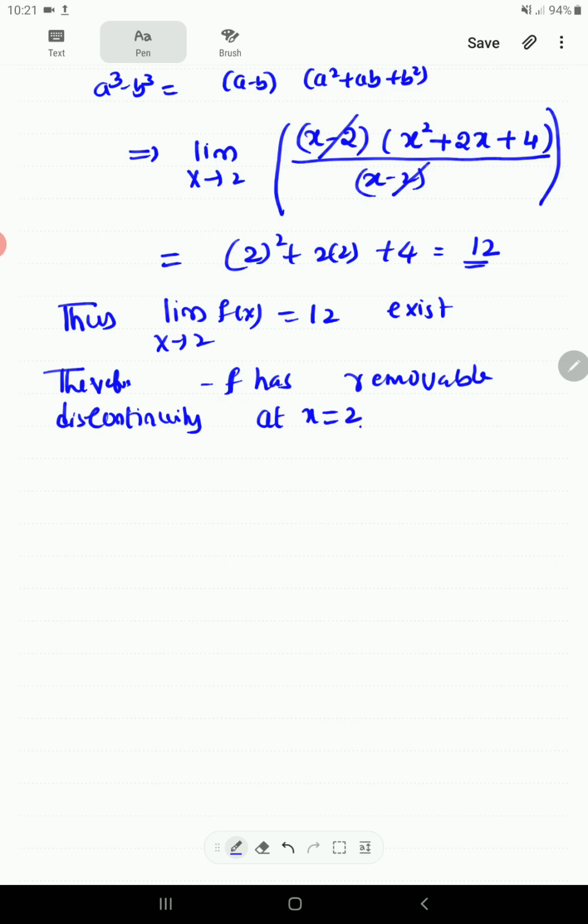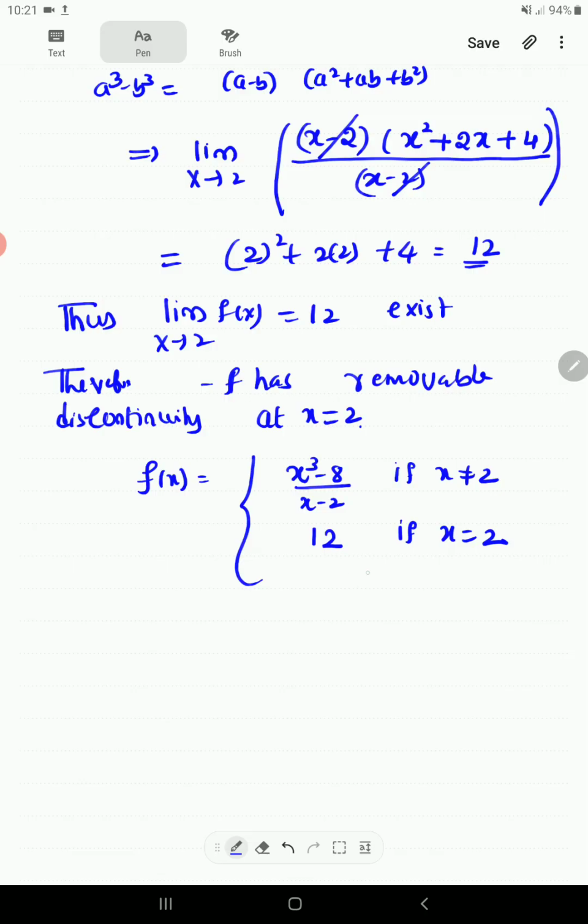Now how do you make it a continuous function? By redefining that function as f of x equal to (x cube minus 8) upon (x minus 2) if x is not equal to 2, because this cannot be defined if x is 2, and it is equal to 12 if x is equal to 2.